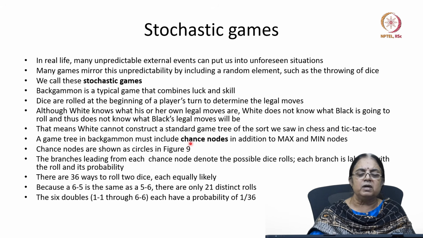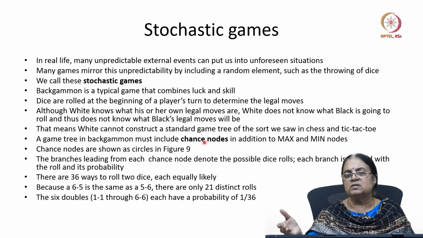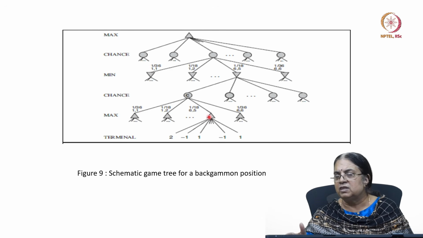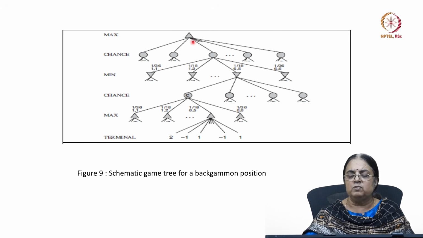For example, you can get 1 1, you can get 1 2, 1 in the first die and 2 in the second die, or you can get 1 3, etc. Or you can get 2 1, 2 2. So many are possible. Each of these has an equal probability, right?